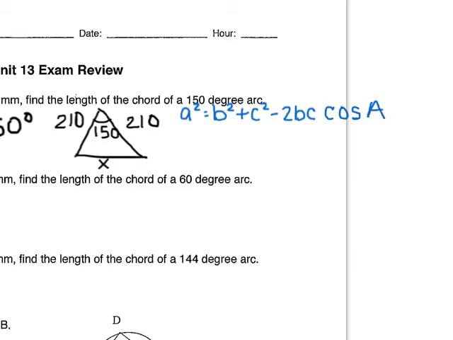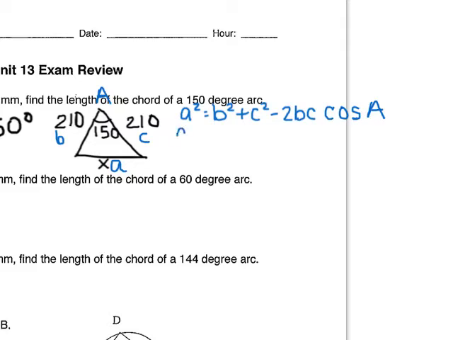And in my class, we always talked about whatever we were trying to find, whatever our variable was, we called that A. So here where I called this side X, I'm really going to think of that as side A, which would make my 150 angle A. And then sides B and C are just these two. Doesn't matter which is which. And in this one, it really doesn't matter because they're both 210.